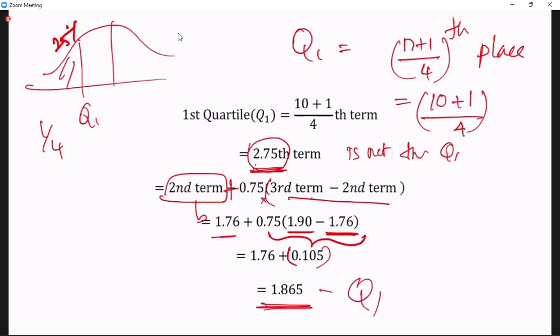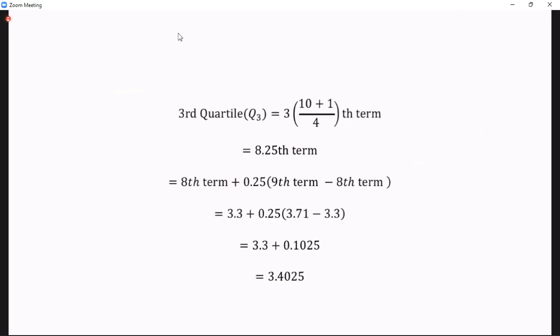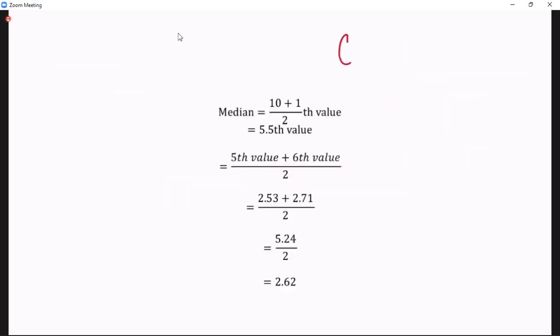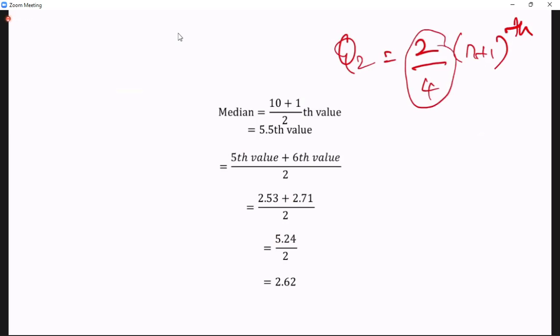Likewise, you can find Q2. Q2 is actually the median. So if we write the formula, that should be (n plus 1) times 2/4. But you know 2 over 4 gives half, no? Therefore, (n plus 1) divided by 2 is the place of the median, or the second quartile, Q2.